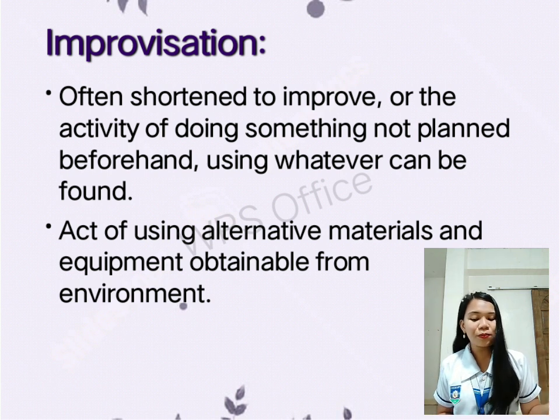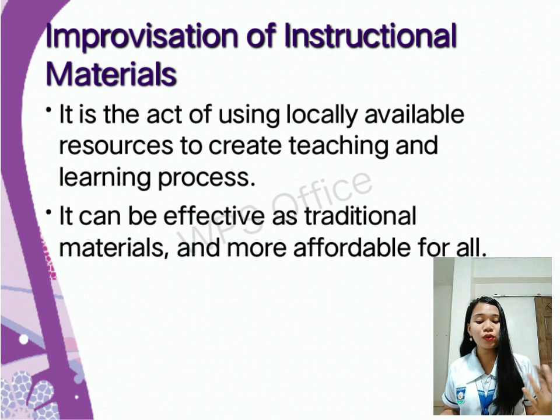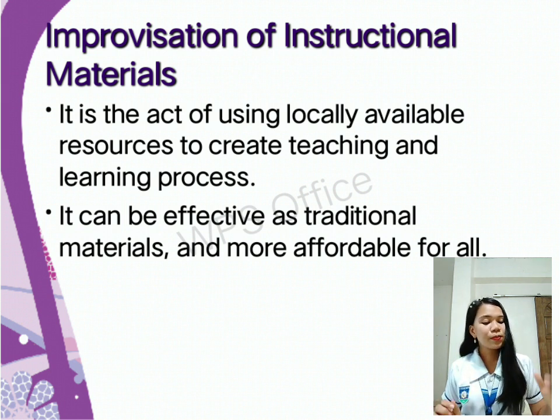And when we say improvisation of instructional materials, technically, it is the act of using locally available resources to create teaching and learning materials. Improvising instructional materials can be done if there is no real or ideal object. It's just like you are creating a substitute for the ideal or real object.